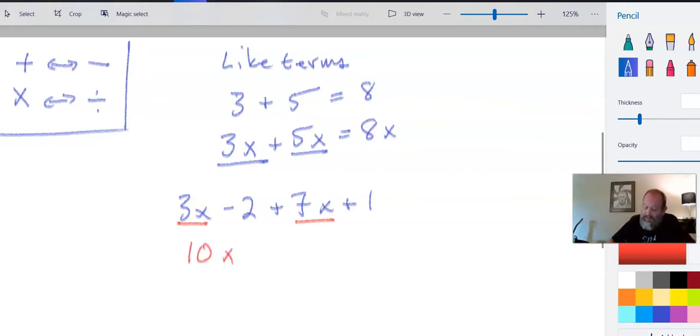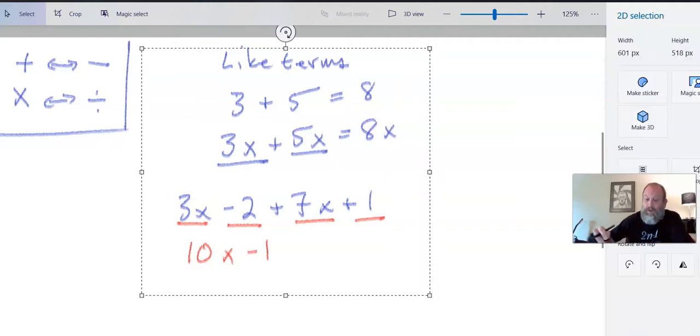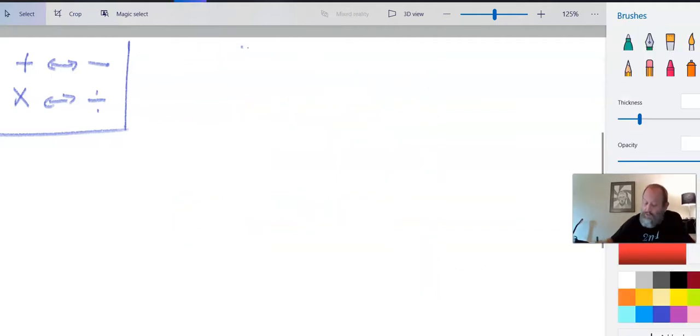This gives me a 10x. Negative 2 and 1 are both constants, and so that makes those like terms. I add those together. Negative 2 plus 1 is negative 1. And so this would simplify to 10x minus 1. All right, so that's kind of the preliminaries as far as tools that we have to use.